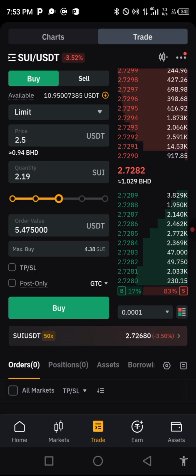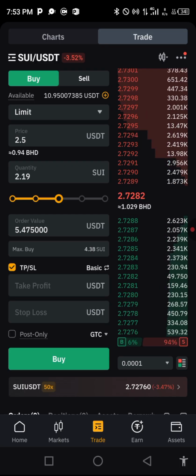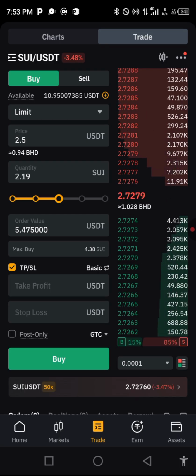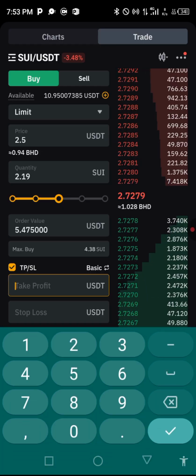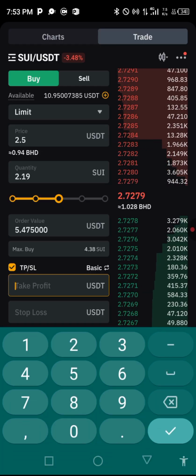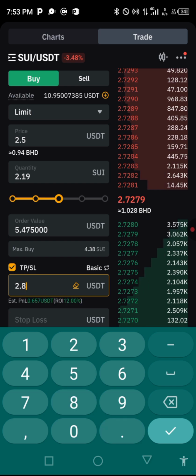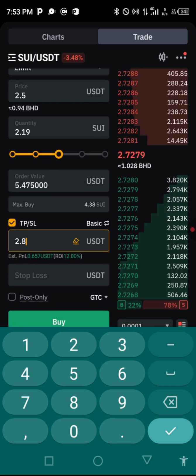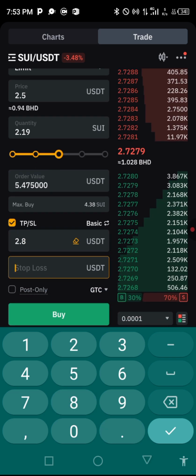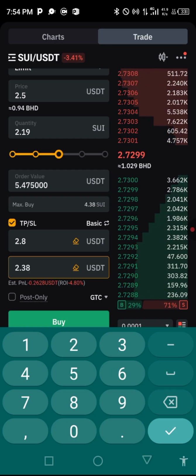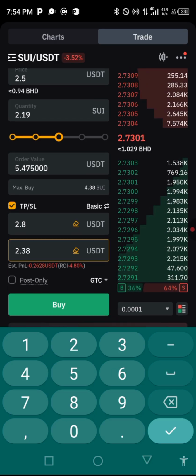So just click on TP/SL, right? So now I want to take my profit at, let me say, $2.8, right? And my stop loss, I want to place my stop loss at, let's say, 2.38, right?